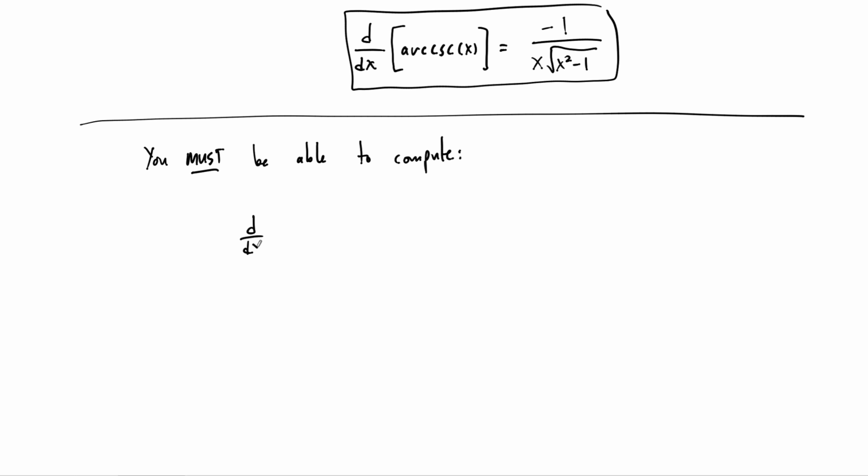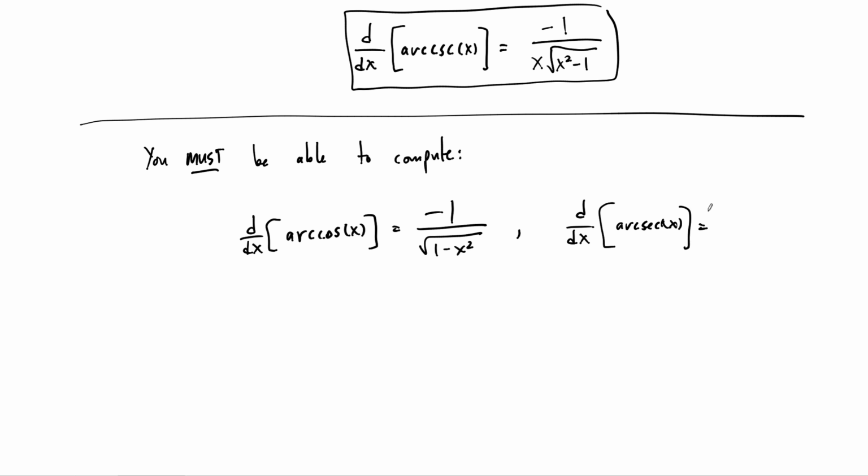So the derivative with respect to x of arc cosine of x is equal to negative 1 over the square root of 1 minus x squared. That's just the negative of arc sine's derivative. In turn, we have the derivative of arc secant of x, and this one is just the negative of the arc cosecant, so it's 1 over x times the square root of x squared minus 1.